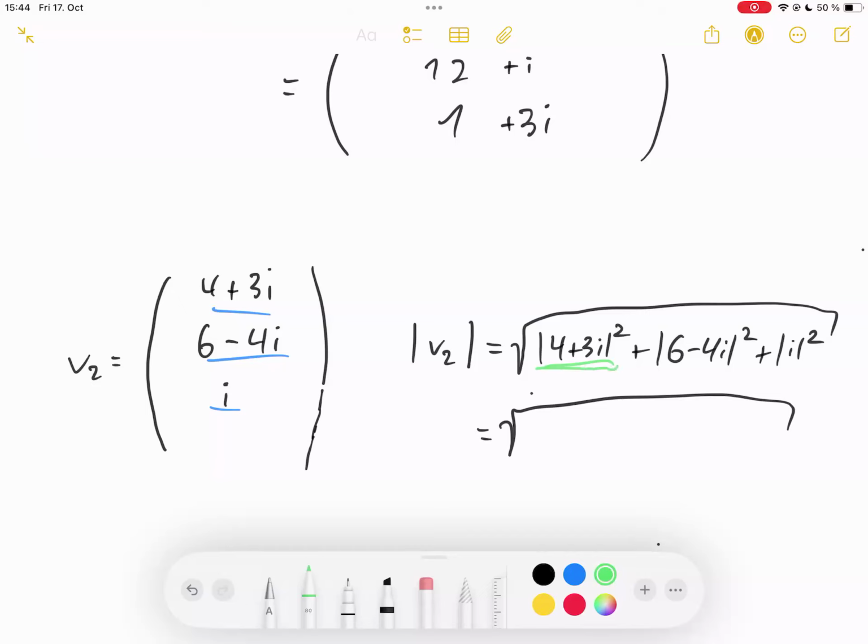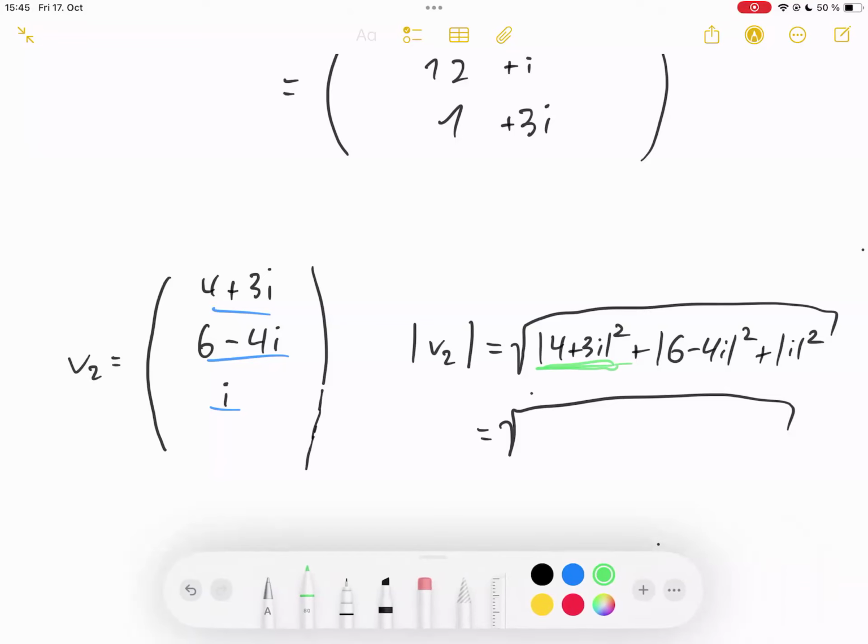If you look at this, so 4 plus 3i, and you want the modulus of that complex number, you would have 4 squared plus 3 squared, so 16 plus 9 is 25, but you take the square root, and then you would have the modulus here, so square root of 25, which is 5.